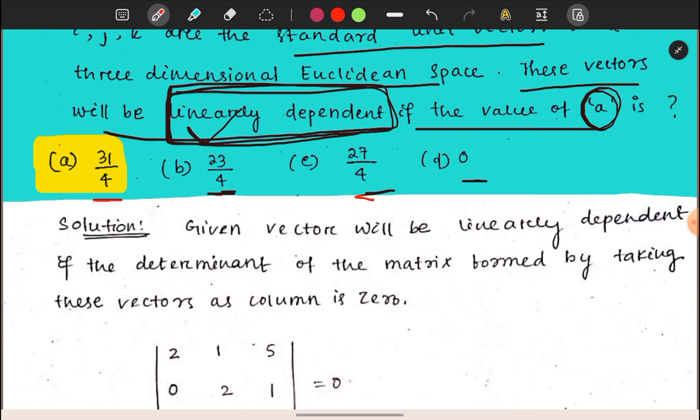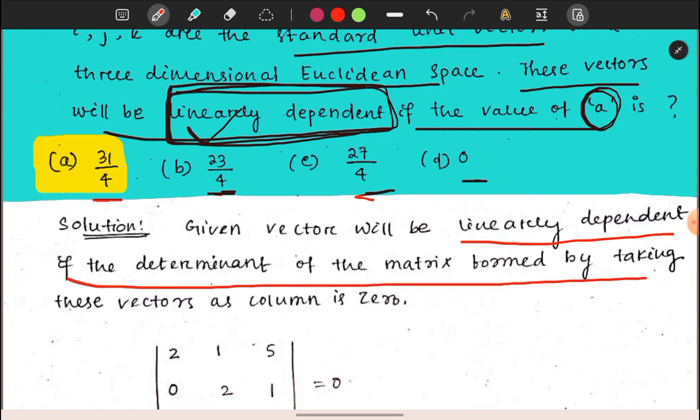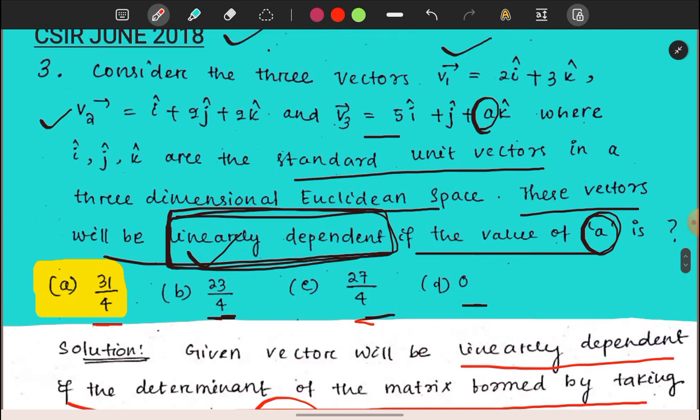So first of all, the question already says that the vectors are linearly dependent. That means what? The determinant of the matrix formed by taking these vectors as columns should be equal to 0. Look, v1 is 2 i cap plus 3 k cap. Here the y component is 0, right?